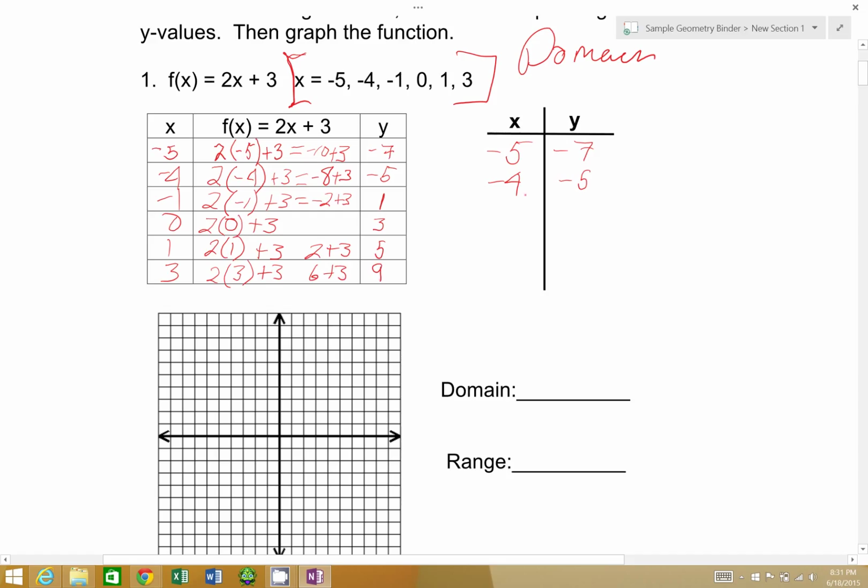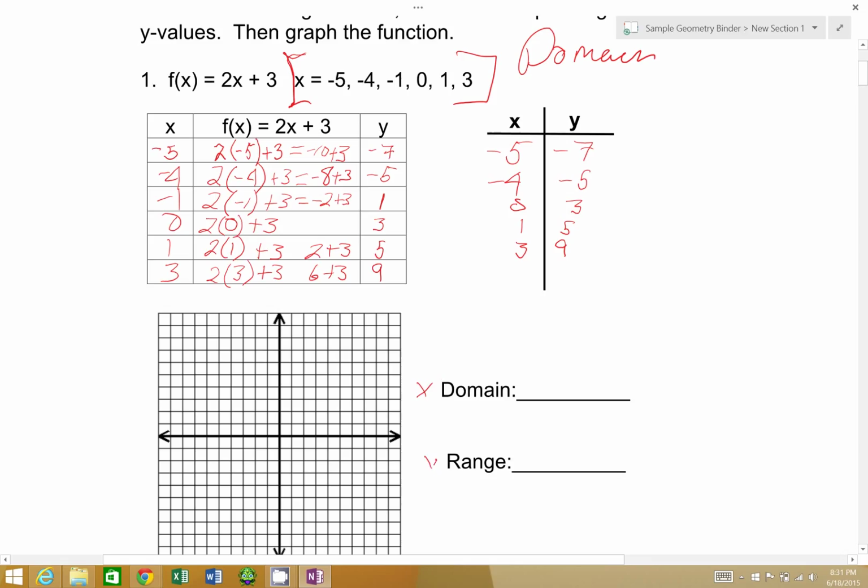Let's finish writing these points over here in my T-chart. Remember, we talked about these yesterday. 0 and 3, 1 and 5, 3 and 9. So my domain includes the values. Remember, this is my x values.